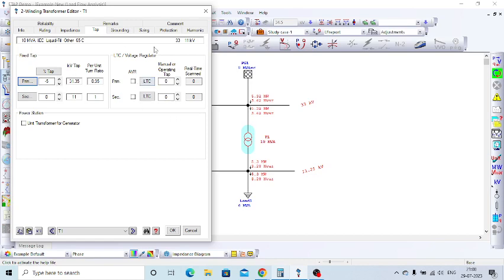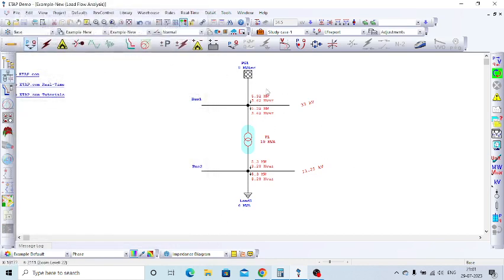So based on the tap changer available in the particular transformer at the particular project, we have to consider this tap changing operation. Transformer tap changing operation is the first step to maintain the voltage profile in the low voltage bus.